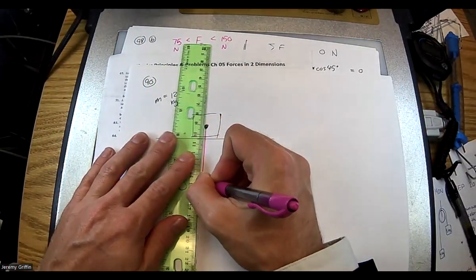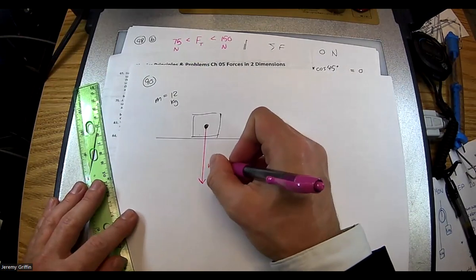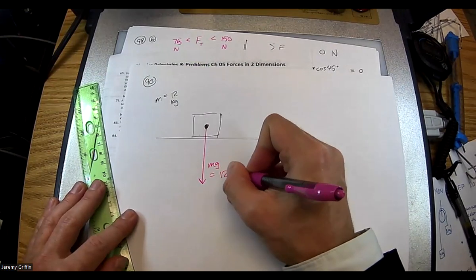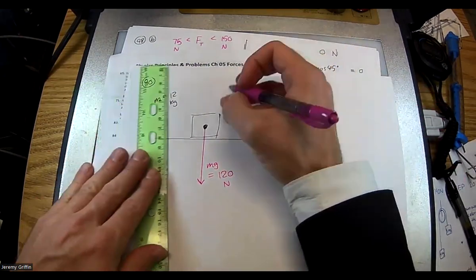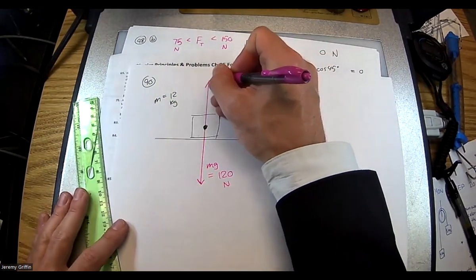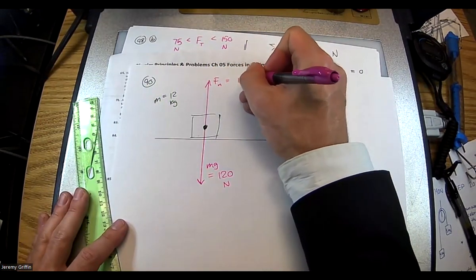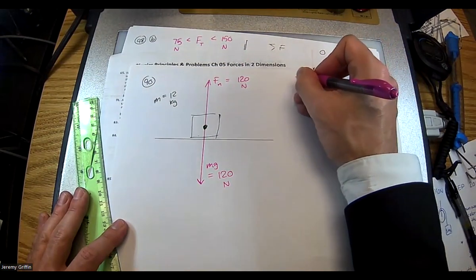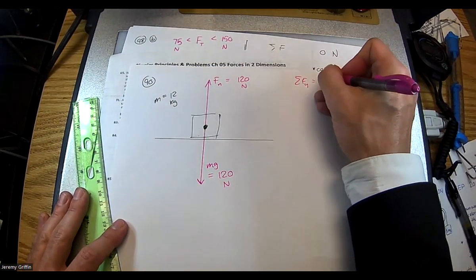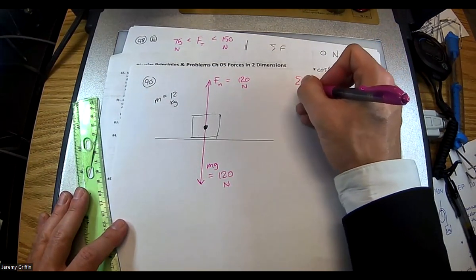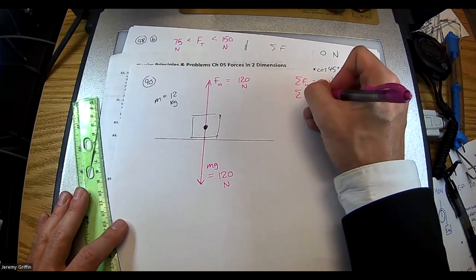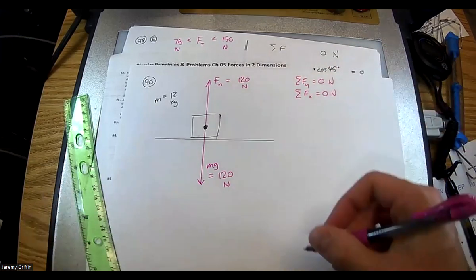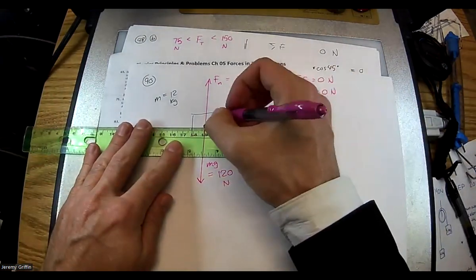So, guys, how much is the weight? Is that 120 newtons about? Pretty close. What do you guys think the normal force is equal to? Yeah, 120 newtons, to satisfy the condition that the sum of the forces in y goes to 0 newtons. Now, the other condition is the sum of the forces in the x direction also goes to 0 because of constant velocity.